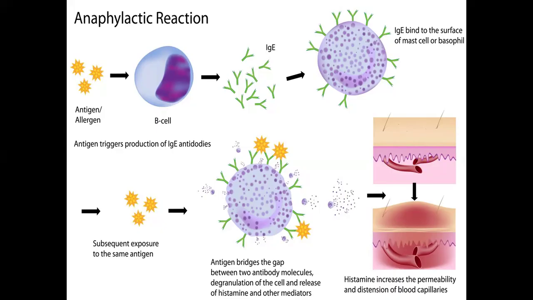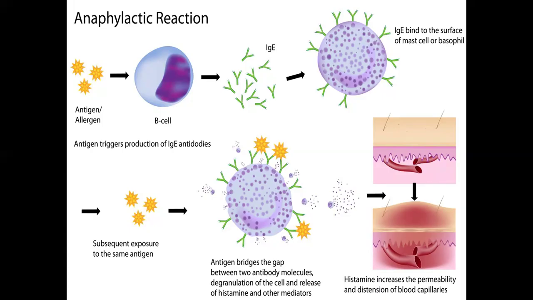T helper cells get activated and differentiate into T helper cell 2, which in turn releases interleukin 4 that will differentiate B cells. B cells will differentiate into plasma cells. Plasma cells will secrete IgE antibodies. This IgE will bind to the Fc region of mast cells. That is the sensitization phase, and the mast cells get sensitized.